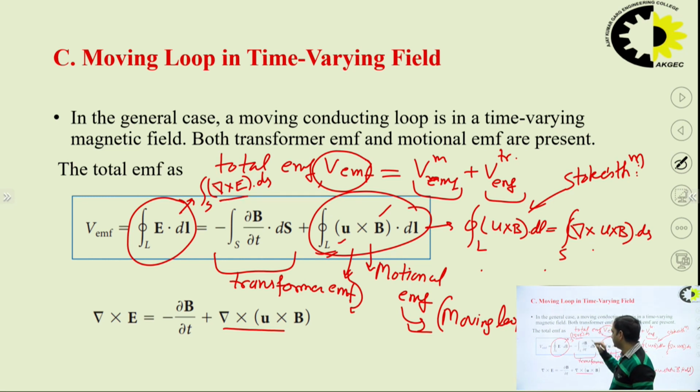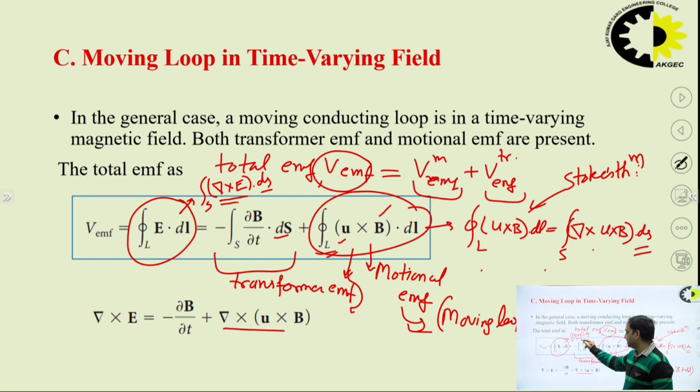In the right hand side, the first term is minus del B upon del t dot ds. So ds is also there in this case. In the left and right hand side we have both open surface, so we can compare these equations.